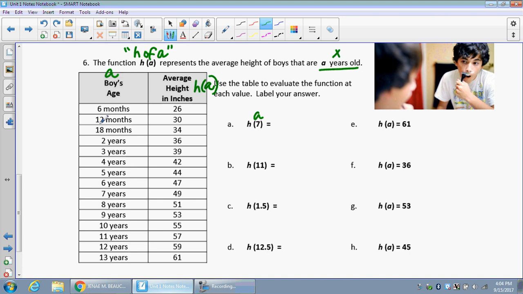So I go to 7 years, and I get out 49. And it says to make sure we label, so 49 inches. Let's do one more. H of 11. So I find 11 on my table right here, and the height is 57 inches.